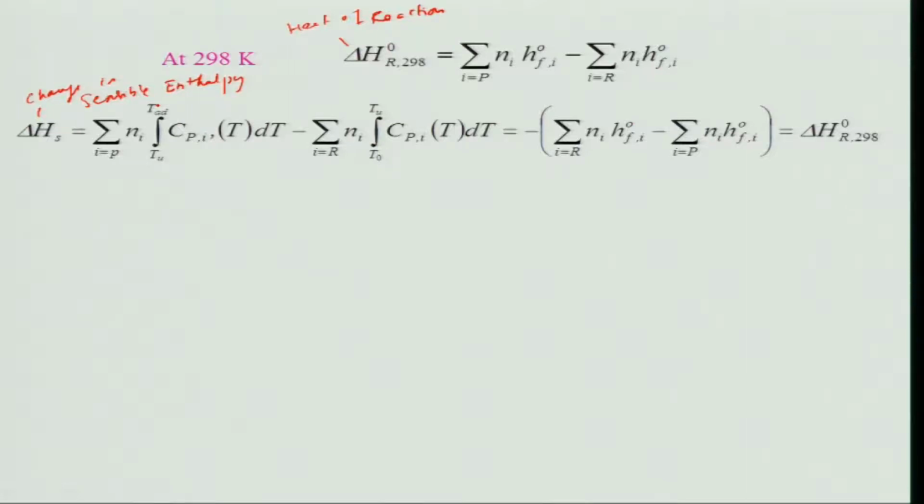And this is equal to the heat of reaction, this portion. That means this data I can get from the table of heat of formation, provided I know Ni, that is, the number of moles for each individual species.